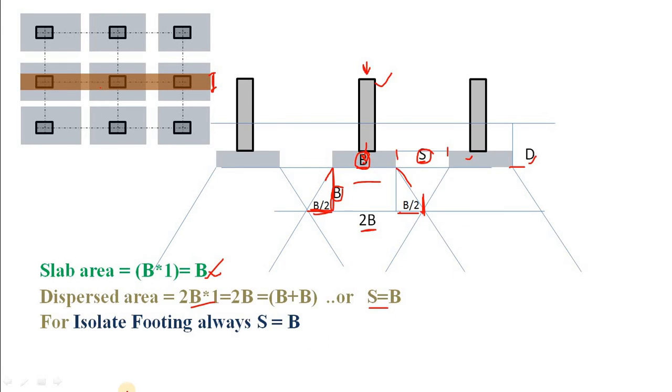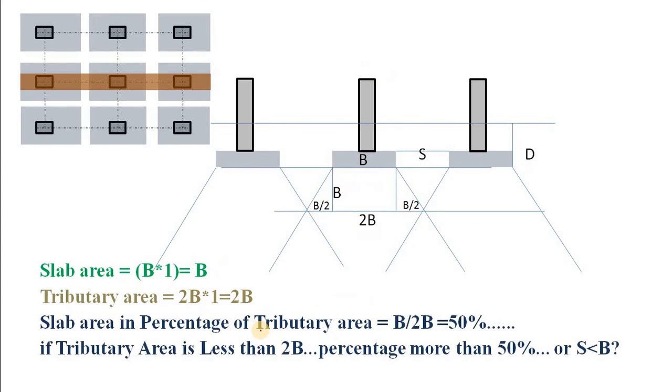So for effective isolated footing, always the spacing between your slabs should be equal to or more than the width of your foundation slab.